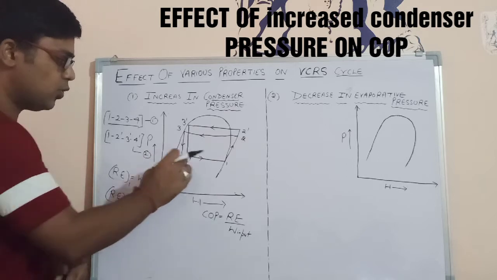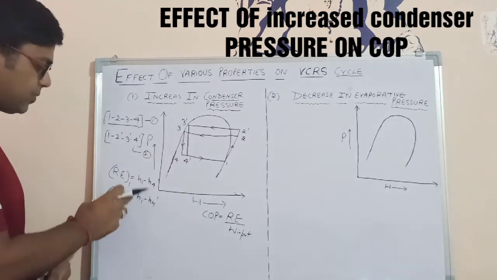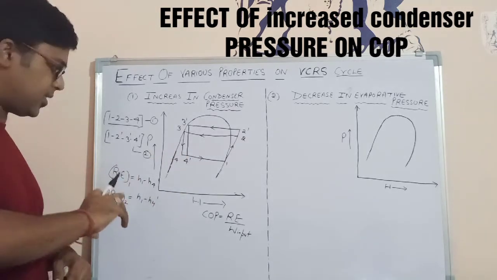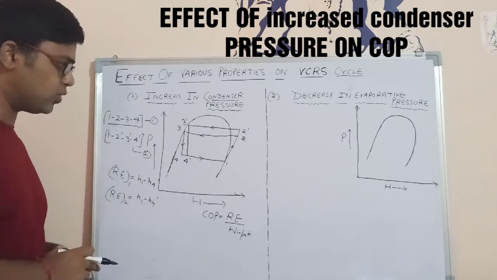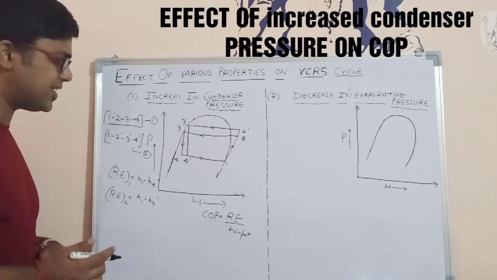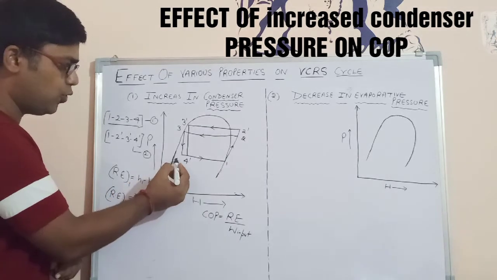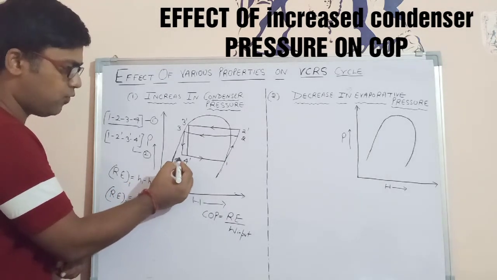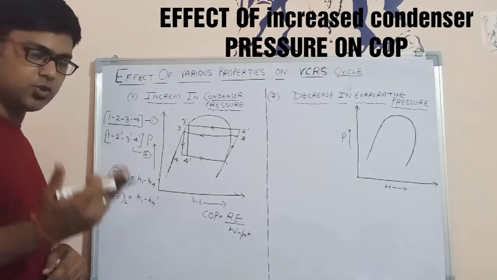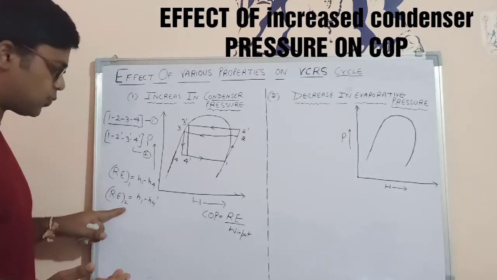Okay? So if we compare the refrigeration effect produced by case 1 with that produced by case 2, we can see that point 1 remains the same, but point 4 has now moved to 4 dash. Clear? So the refrigeration effect will decrease.